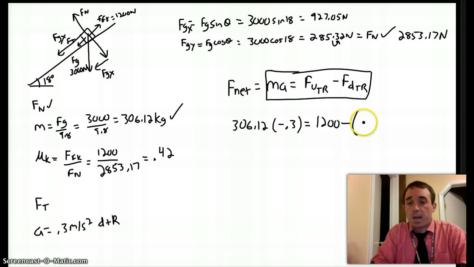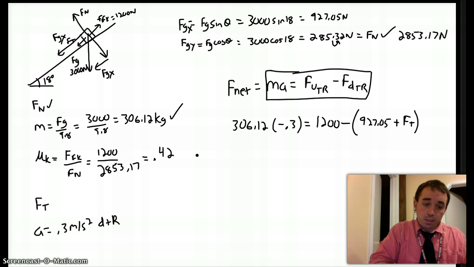So I'm going to put those combined into a parentheses. Our FGX is 927.05 plus, because these are the addition of all the stuff down the ramp, plus FT. This is the minus that takes care of the different directions.